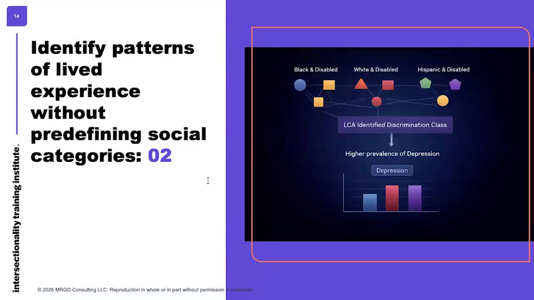Okay, so something a bit more new in our conversation is really understanding how to identify patterns of lived experiences without predefined social categories. And I actually find this a little bit more complicated just because usually when I have a question that is very specific to intersecting social positions.